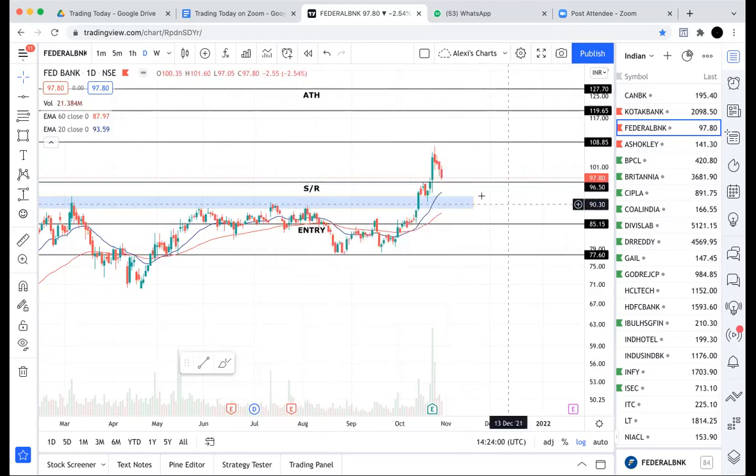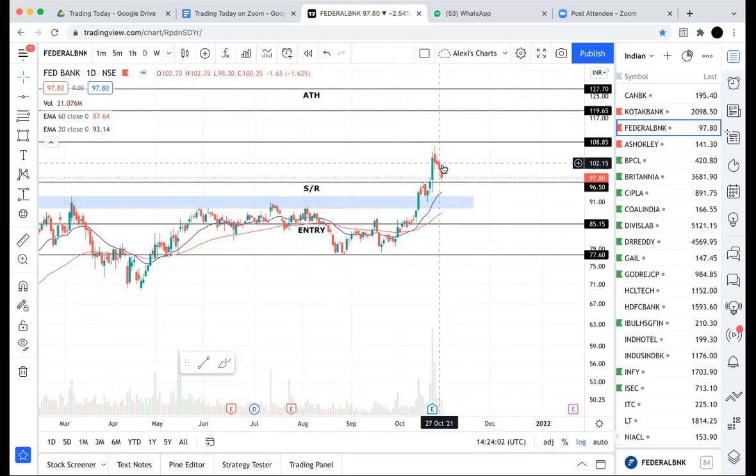See, this is an area where Federal Bank, when it comes to this range, could go a little further down the line, and then it would shoot back up again. It will find support and move back up. Maybe 70% chance that it will go back up, and there's a 30% chance it may go back down.